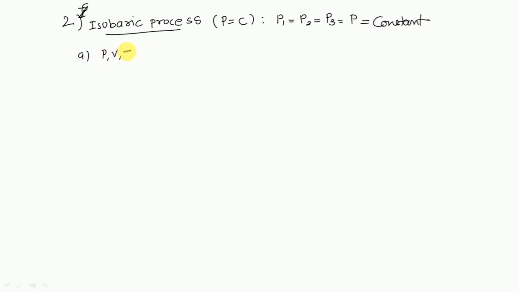So let's start with the PVT relation for the isobaric process. We know PV equals mRT, so PV upon T equals constant. So P1 V1 upon T1 equals P2 V2 upon T2.